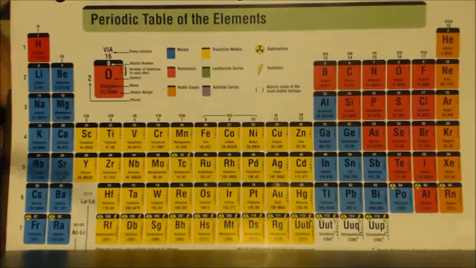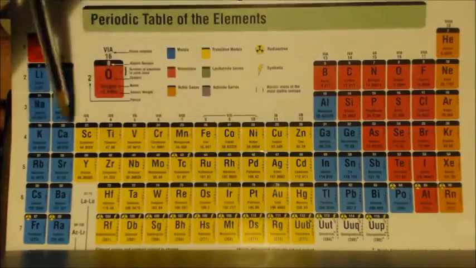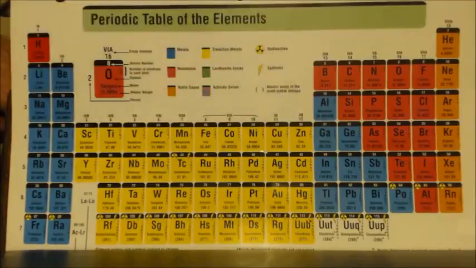But if you filled up all your d's, you could also have 18 in your shell 3. And as you go down, you get your f orbitals, and there are different exceptions to the rule, but I'm not going to get into all that. The important thing is that you need to understand that when you have a full shell, you are the greatest. You are so stable, it's unreal.